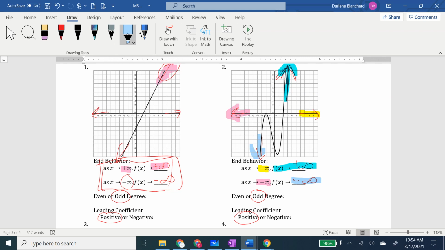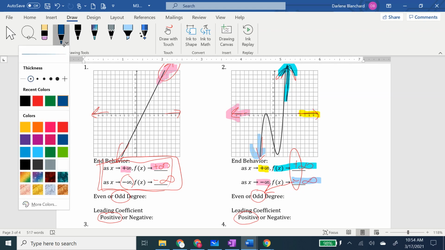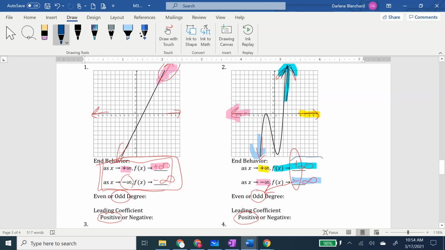And the fact that these are opposite signed is why it's an odd degree. For the leading coefficient, you're looking at the right end. So the fact that this is a positive number is why this leading coefficient is positive.